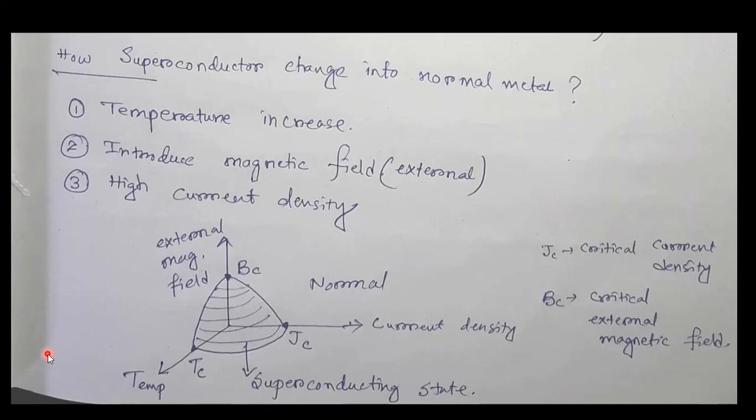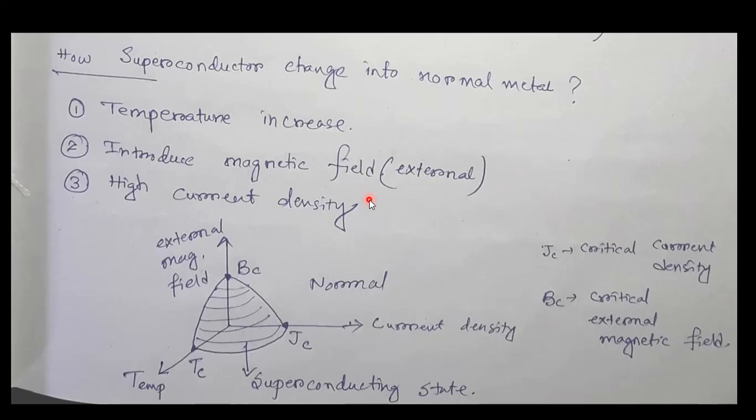That means its temperature is below the critical temperature, but the external magnetic field causes the superconductor to convert into a normal metal. Another thing is the high current density. When you pass a current through the superconductor, after a large value, this superconductor becomes a normal conductor.